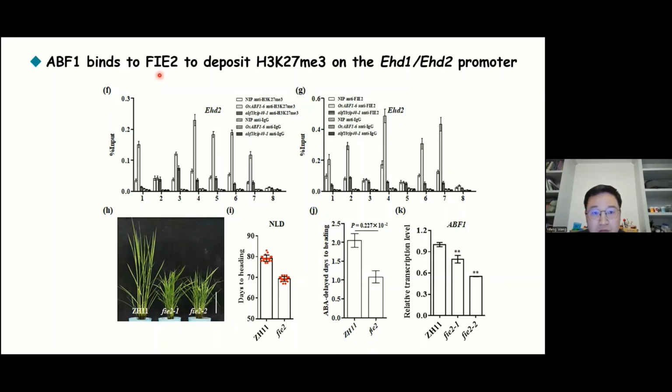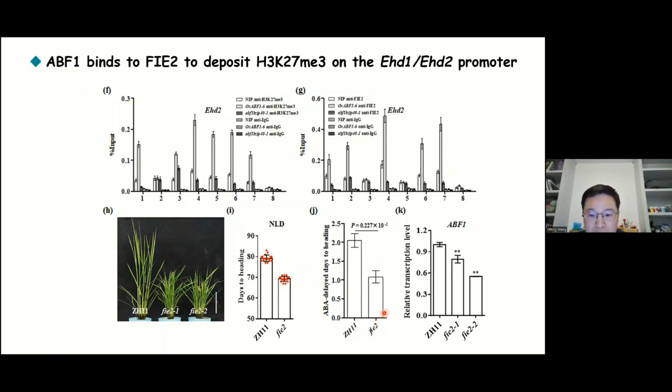So how about the FIE2 phenotype? We next generated the FIE2 mutant and found that it showed a significantly earlier flowering phenotype, similar to the ABF1 ABF14 double mutants.